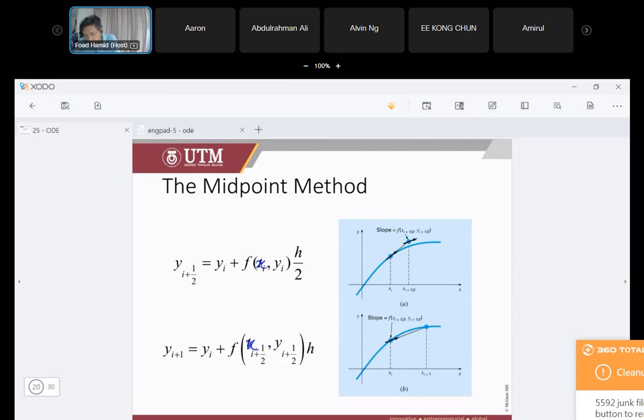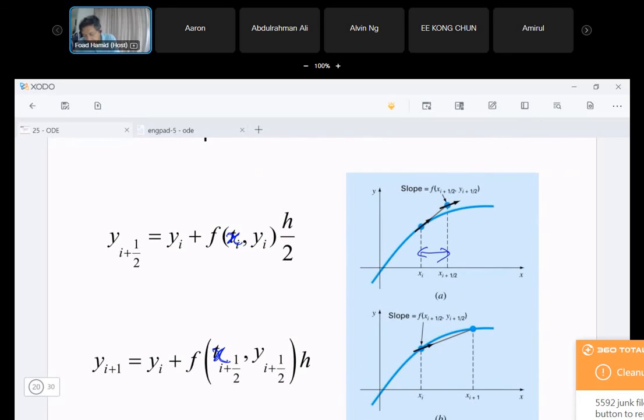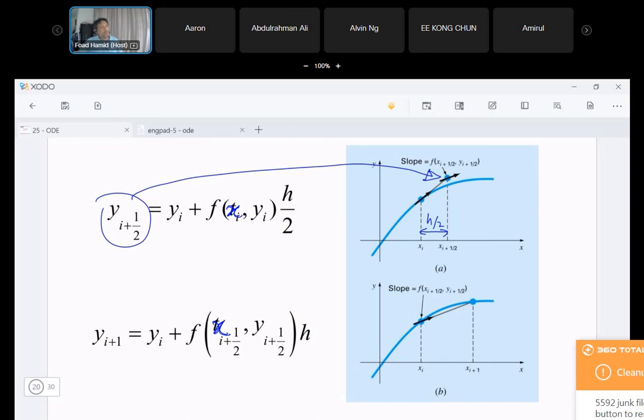So this is the slope here, right? This is the slope here. So this is h over 2. And this is this point here. Okay, so this is how we calculate the slope at the midpoint. This is how we do it.